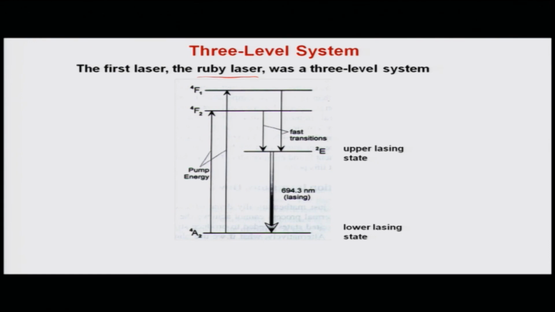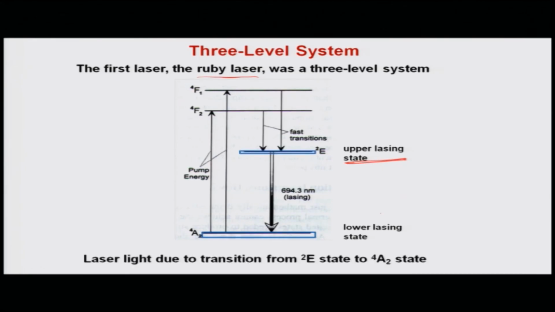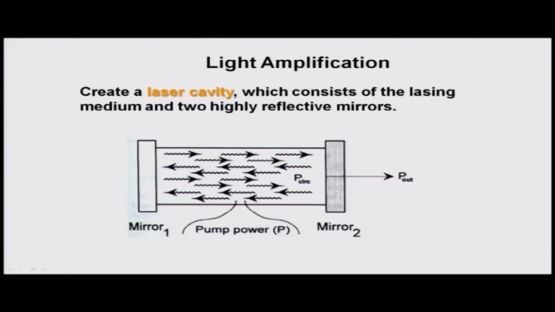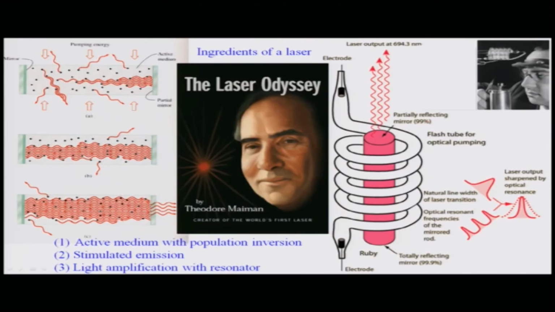It came down from the higher excited state down to the upper lasing state, and then the laser light was essentially obtained from the transition of E2 to the 4A2 state. Once this idea was there, the basic concept was creating a laser cavity which consists of a lasing medium and 2 highly reflective mirrors, as we have said, and providing enough pump power to get the laser to happen. And so here is the first laser.